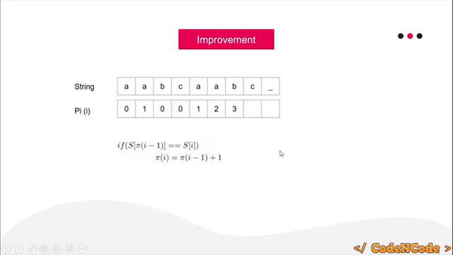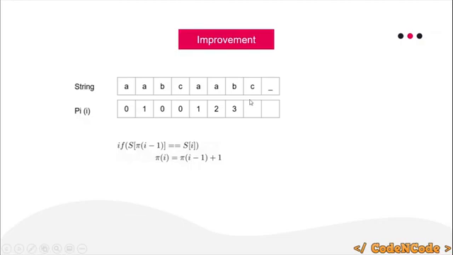So see here, this is another improvement, and this is an important condition. Suppose from 0 to i minus 1, I have already calculated the pi function. Now I'm going to calculate pi of i.